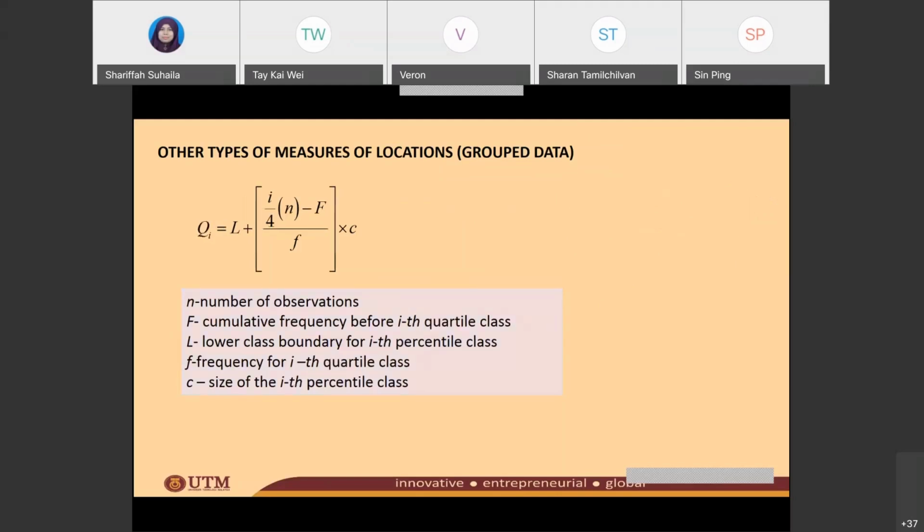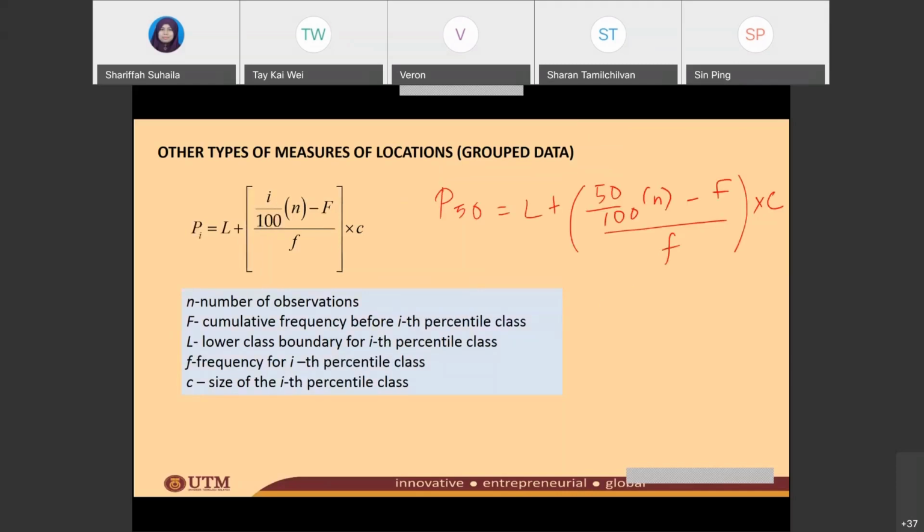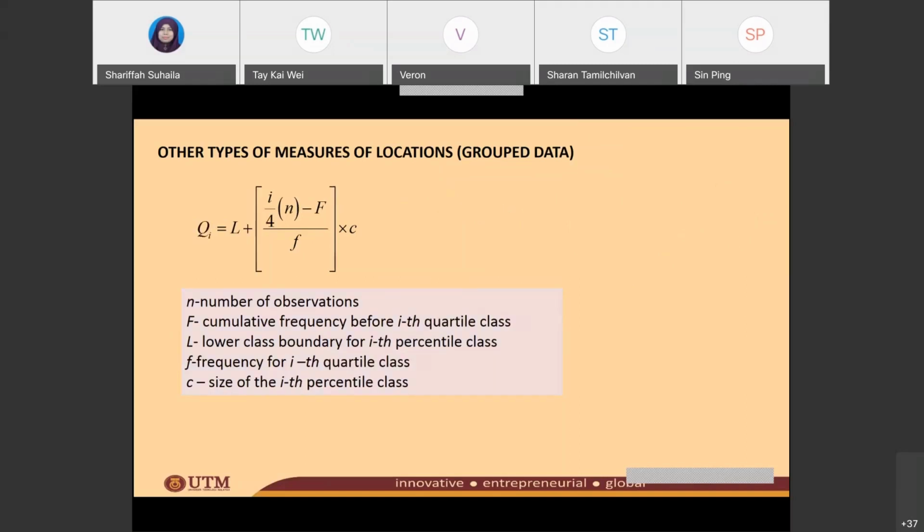Okay, so this is for quartile. For quartile, again, the same thing. If you want to use the formula, for Q3, the 75th percentile, so 75 divided by 100 times N. If you have the first quartile, that means 25 over 100 lah, so if you want to use i over 4, it is okay.